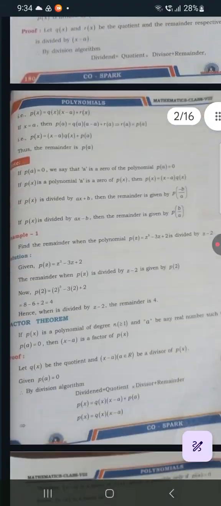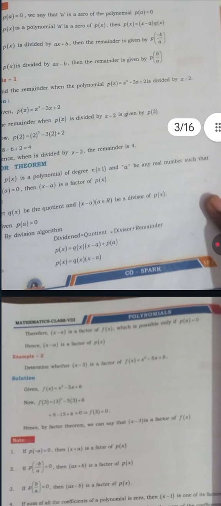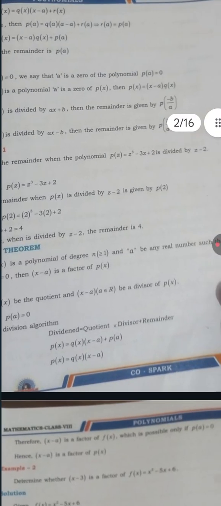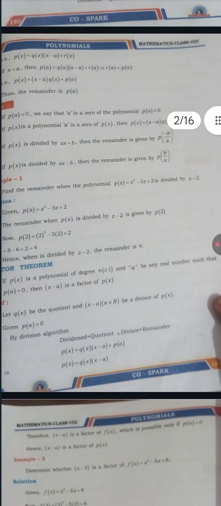And now I'm going to tell you about the next topic. It's the factor theorem. It is one part, we could say it is the same kind of theorem as the remainder theorem.